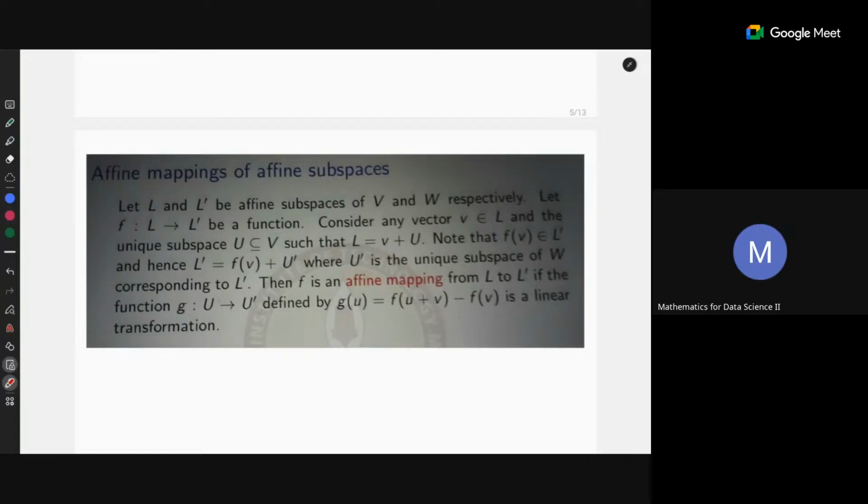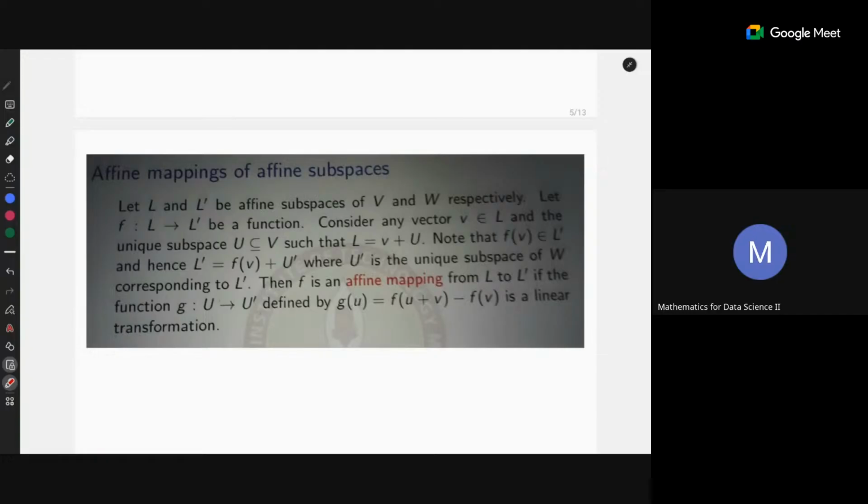Now let's start the definition. Let me write down the definition. Let L and L prime be affine subspaces of V and W respectively. Let F be a function, just a function, between these two affine subspaces. Now consider any vector V in L and the unique subspace U such that L is of the form V plus U. In our case, V was 0, 0, 0, U was R3 itself, and my L was R3.